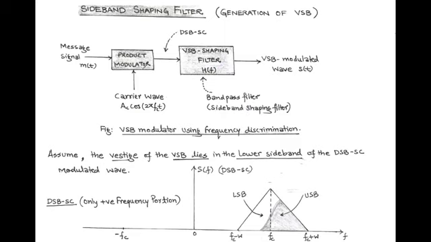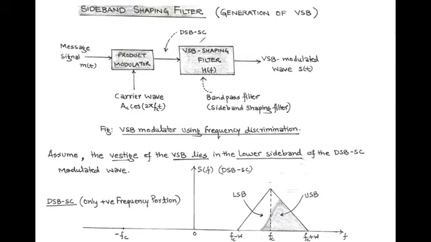The inputs of the product modulator are the message signal and the carrier signal. And we get the output, that is the product of the message signal m(t) and the carrier signal, that is Ac cos 2 pi fc t, as a double sideband suppressed carrier signal.